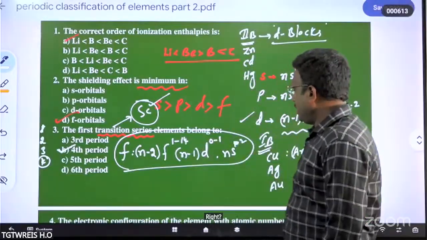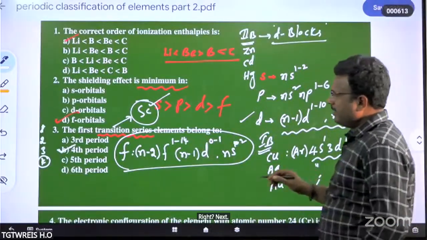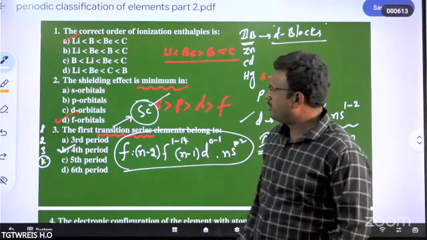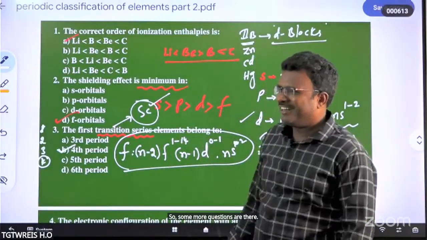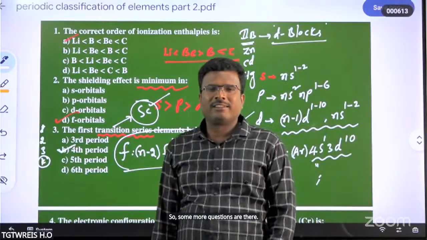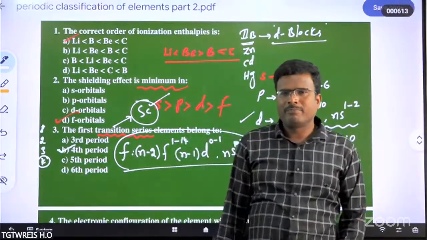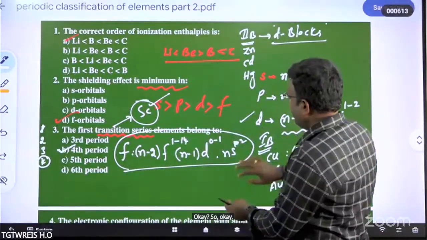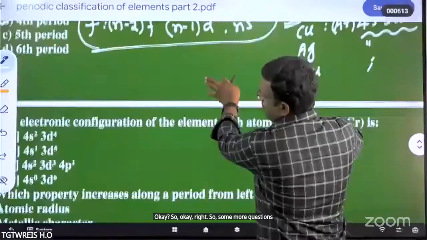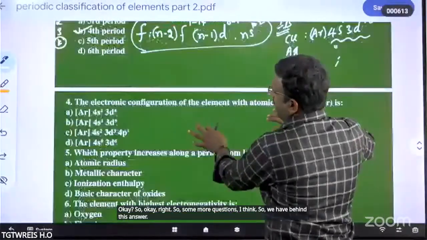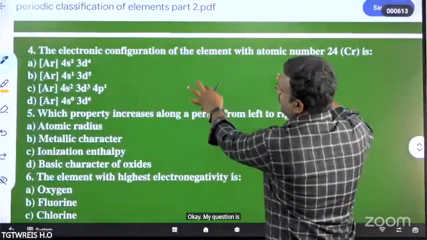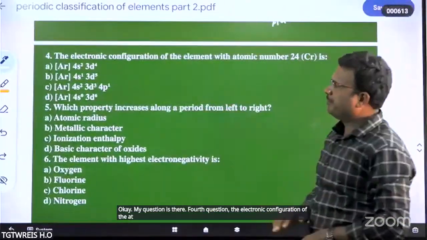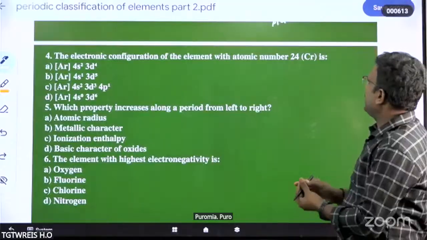Some more questions. Fourth question: the electronic configuration of the atom chromium. Chromium atomic number is 24.